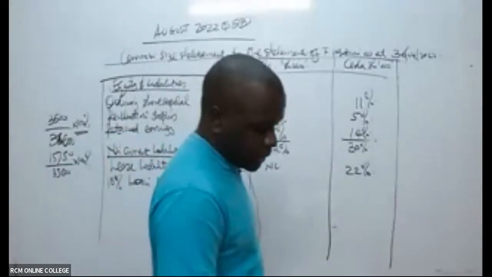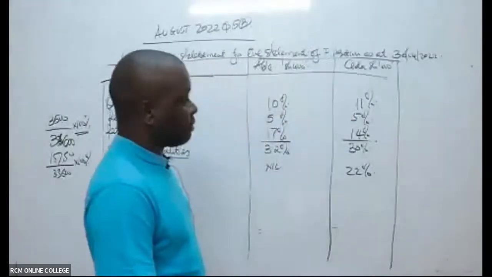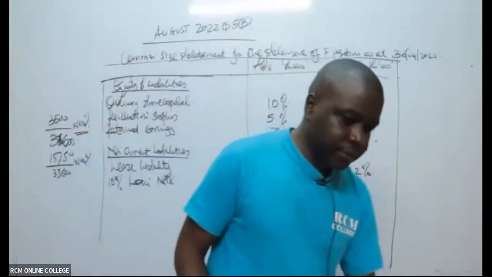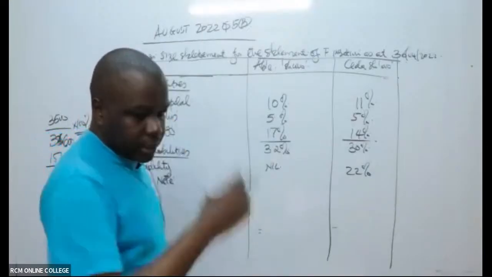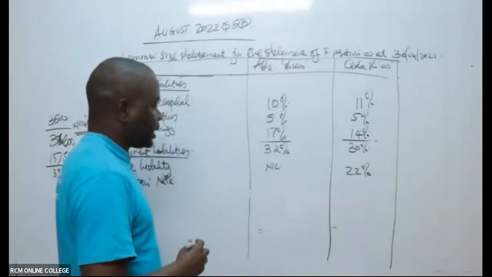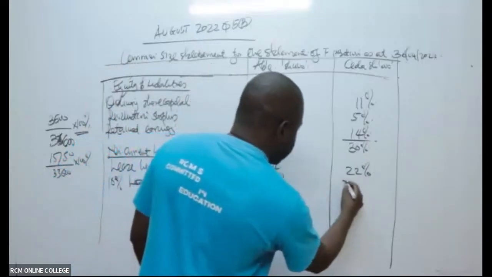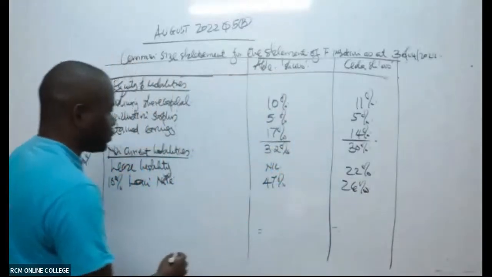Then the other one is 17,500 divided by the same amount, the total assets, that is 66,500. So 46.9 and 26.3. So that is 47% and 26%. Then I think those are the only items.